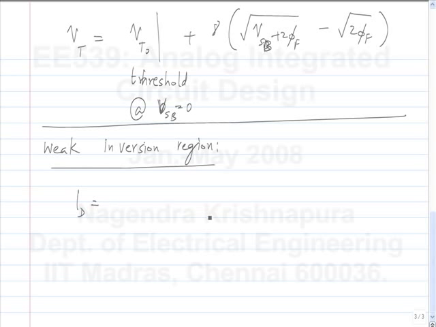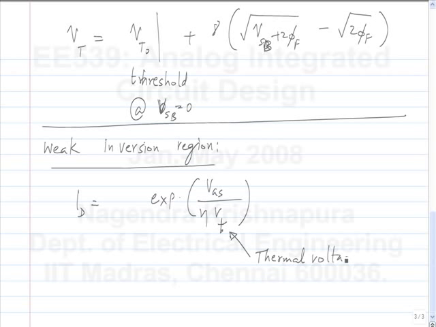And what is the drain current in the weak inversion region? It behaves like a diffusion device, and it has an exponential dependence on VGS, and this lowercase Vt is the thermal voltage, and there is something that can be expressed roughly like the saturation current.